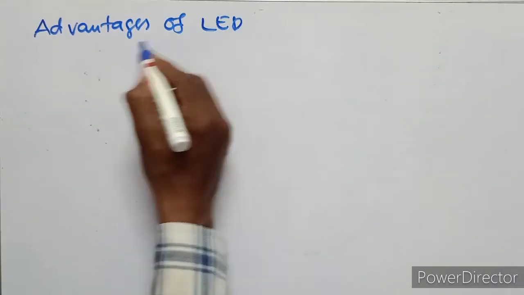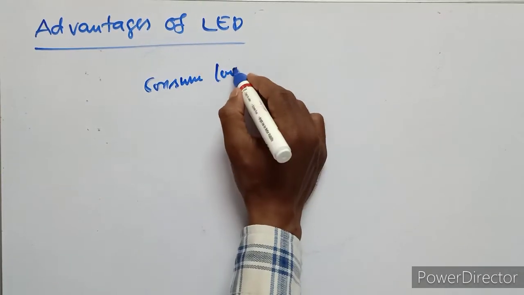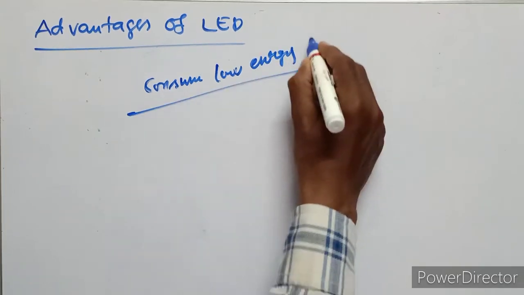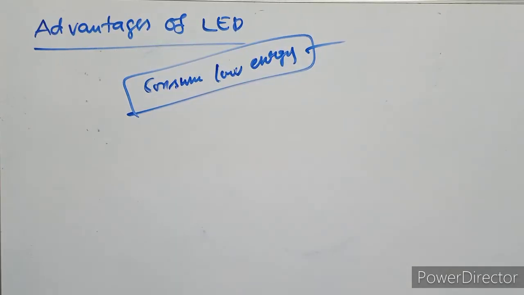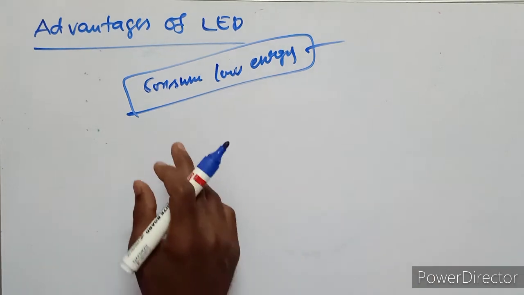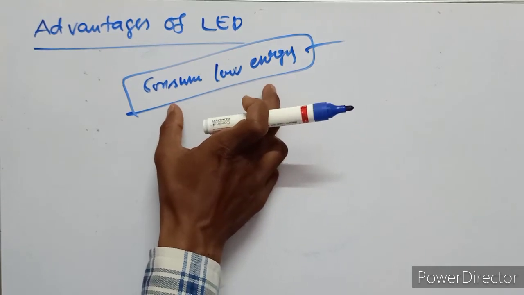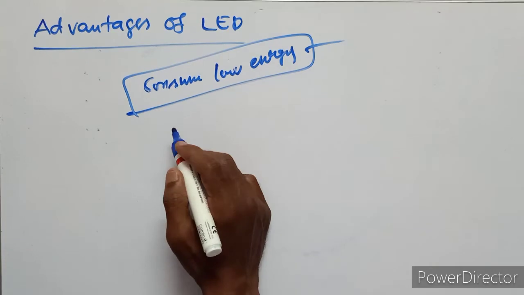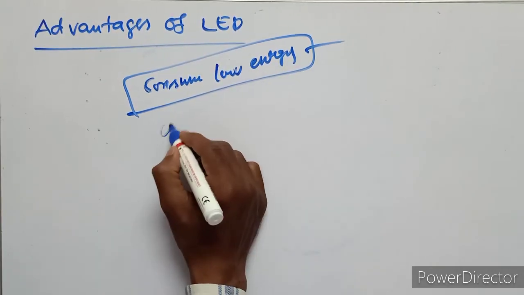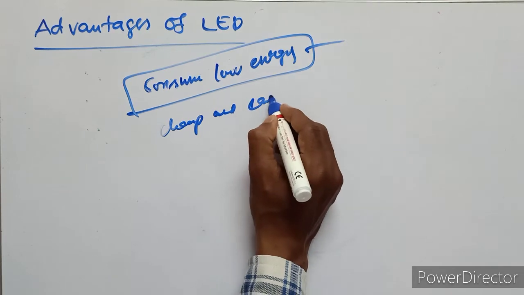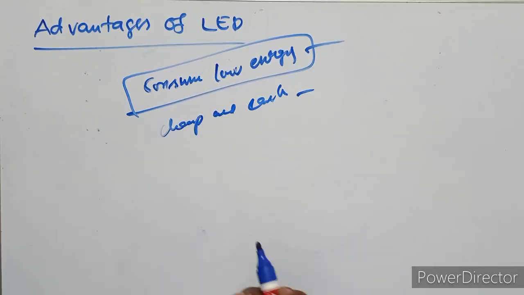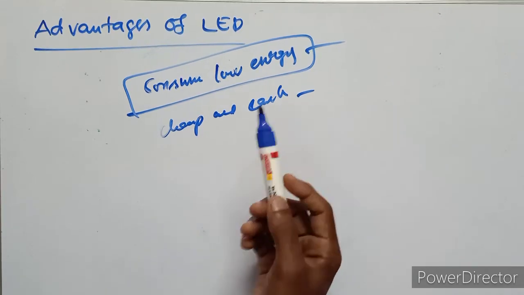Advantages of LED. The main advantage is that light emitting diodes consume low energy. Because of this, nowadays LEDs are very commonly used. LEDs are cheap and easily available, though nowadays they are more expensive.